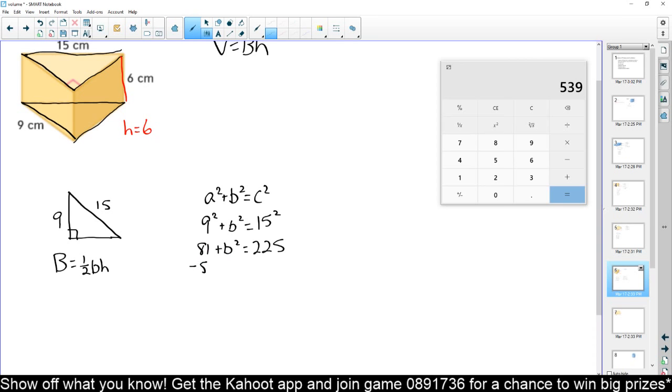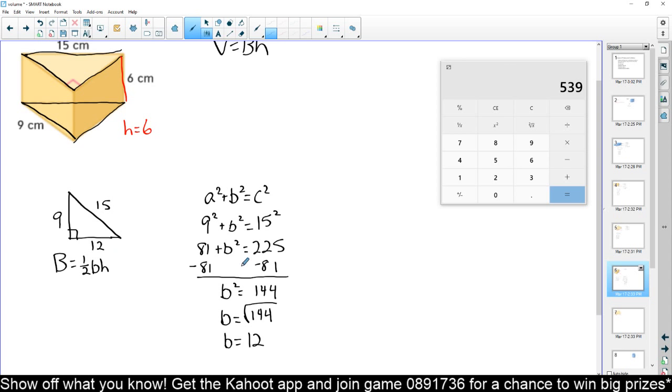So I'm just going to subtract 81 from both sides. And I'm going to get b squared equals 225 minus 81 is 144, which means that b equals the square root of 144, or b equals 12. So I know my missing side down here is 12.